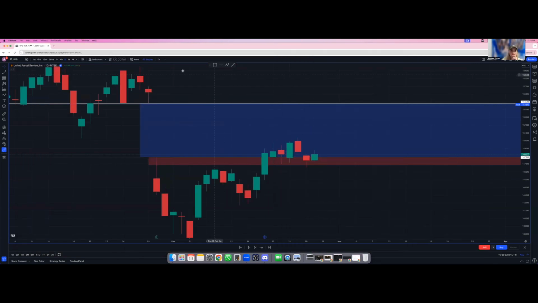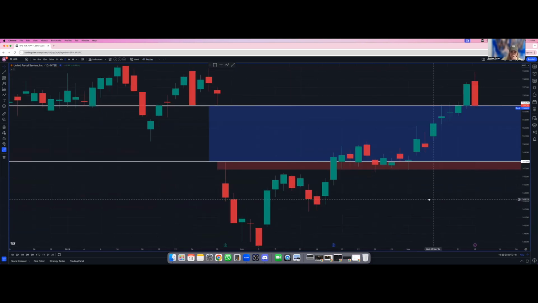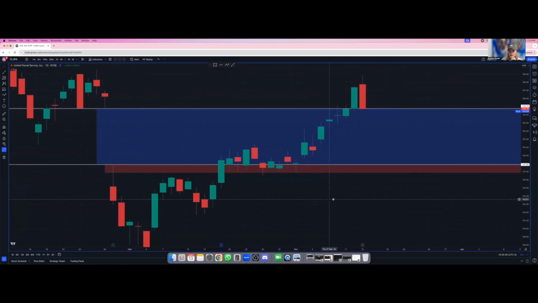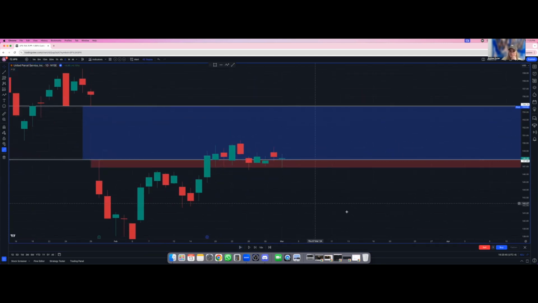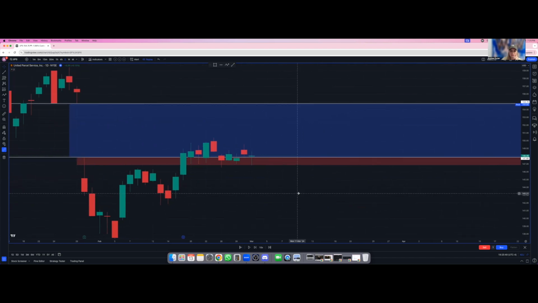If I see it correctly, it was like this. So it's making a consolidation at support, and this is looking like a flag, right?